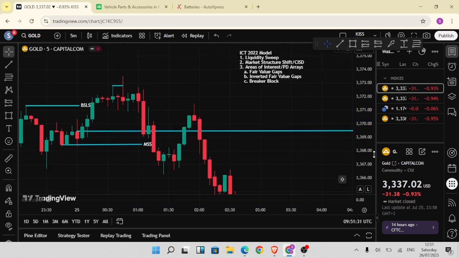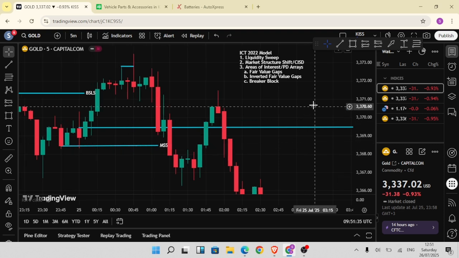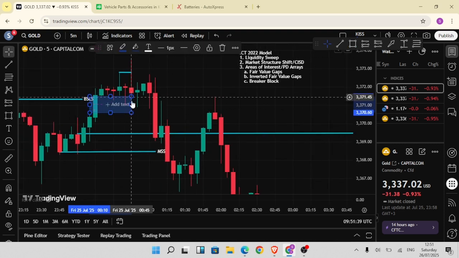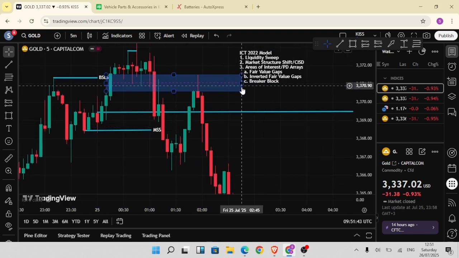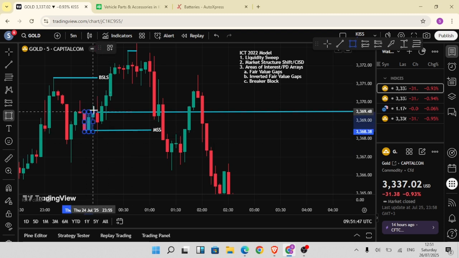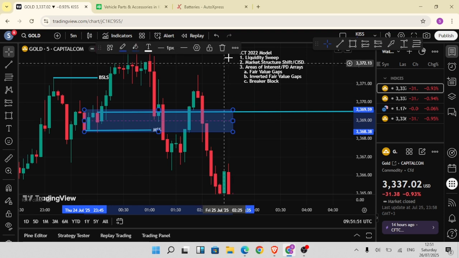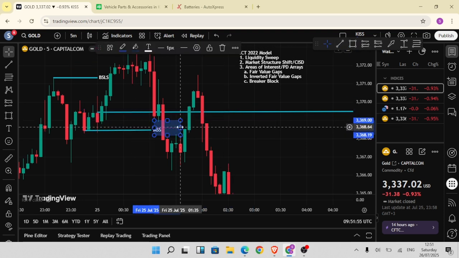So what do we have? Maybe all of them. We have an inverted fair value gap here. We also have this breaker block, and we have this fair value gap.